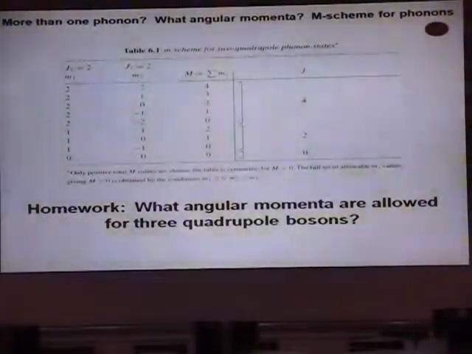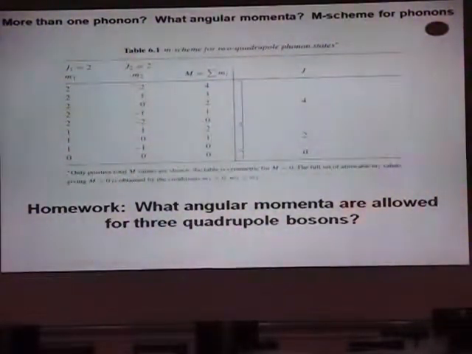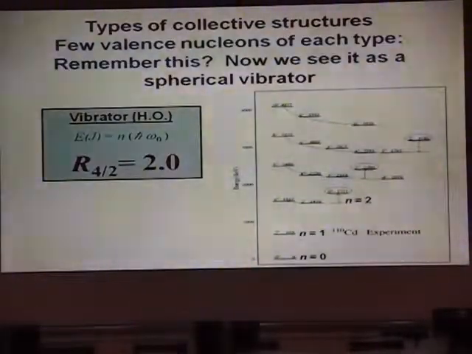You'll notice the red dot doesn't have a circle around it, and that's because the homework is what angular momenta are allowed for 3 quadrupole bosons. If you go through this table, you will find that for 2 quadrupole bosons, each with angular momentum 2, the M scheme allows you angular momenta 0, 2, and 4. I want you to tell me, if you want to do it, it's up to you, what angular momenta are allowed for 3 quadrupole bosons.